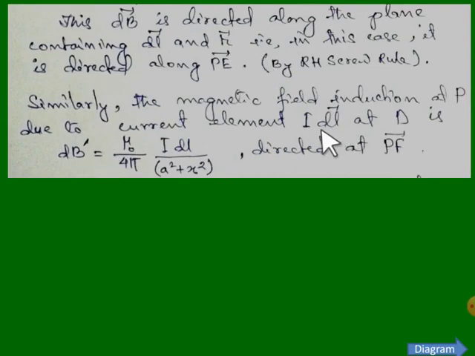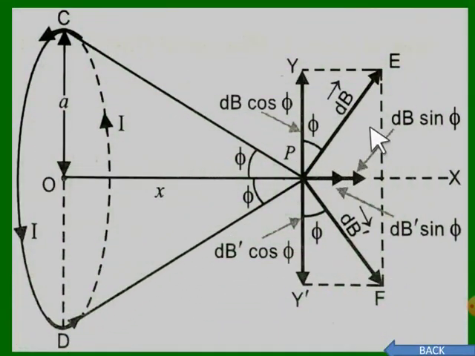Now if you take that elemental current I dl at the diametrically opposite side, then the magnitude will also remain the same, but the direction will be different. In the case of dB, it was along the DPE direction, but here your dB prime vector will be directed along this PF vector.